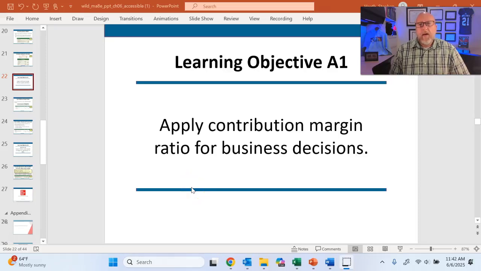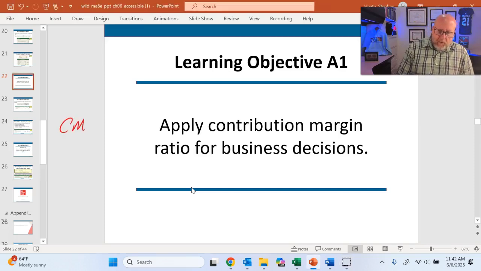Okay, in this video, I am going to talk about the application of contribution margin ratio for business decisions. If we just stop and think about what the contribution margin ratio is for a second, again, it's contribution margin divided by revenue.